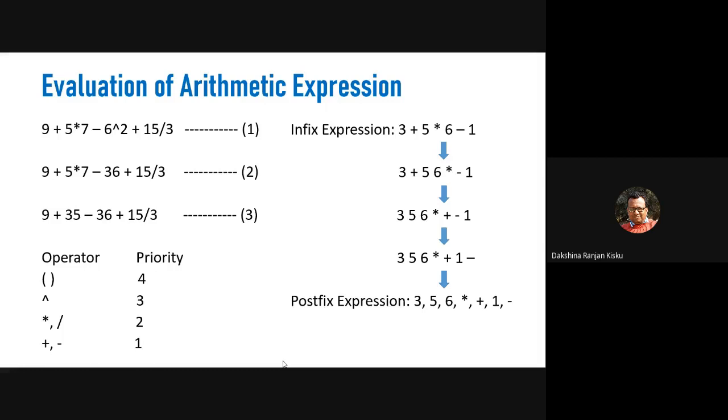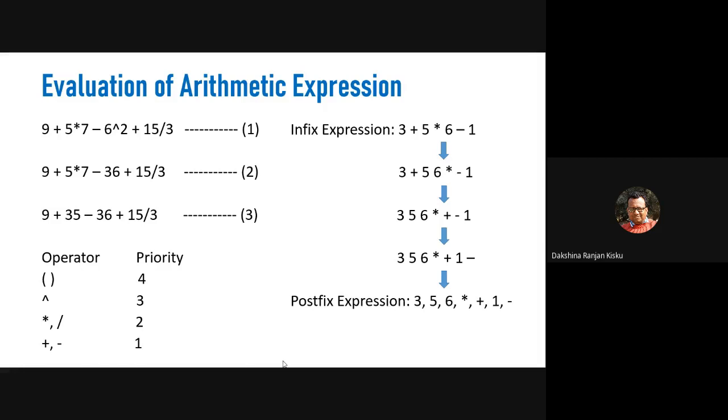Now, what is a postfix expression? In the postfix expression, the arithmetic operators appear after the operands. In an infix expression, arithmetic operators appear in between any two operands, but in a postfix expression they appear after the operands.